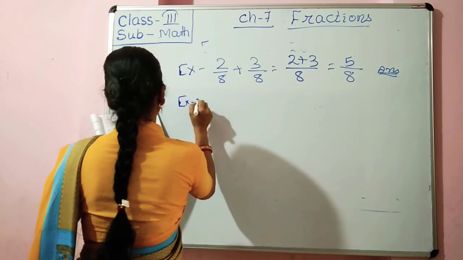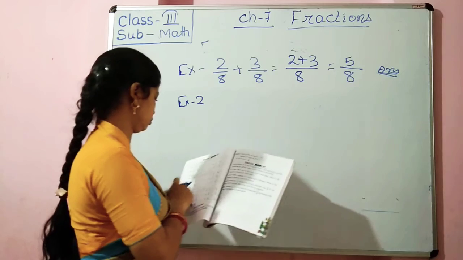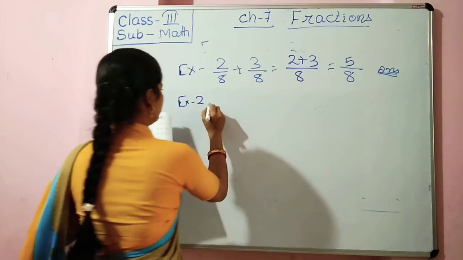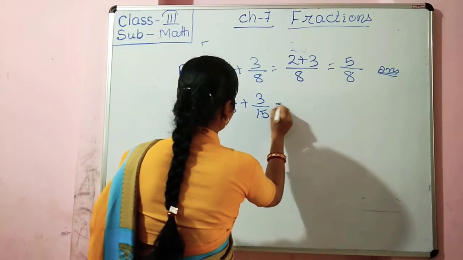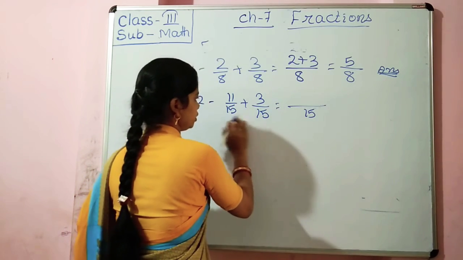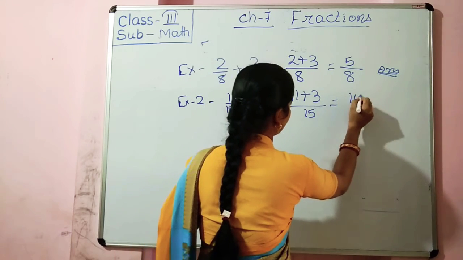Second example, look, suppose 11 by 15 plus 3 by 15. Here the denominators are the same and the numerators 11 plus 3 is equal to 14 by 15.